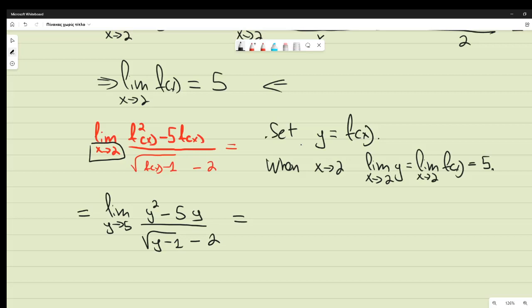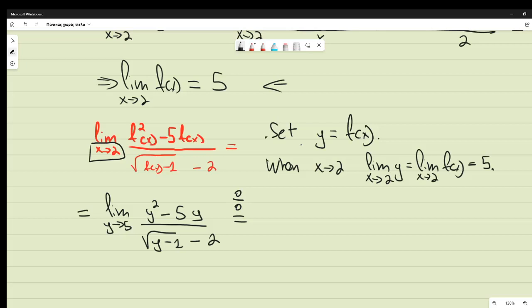As we see here, if we do the replacement of y equals 5 in order to solve this limit, the denominator will be 0, and the numerator will be 25 minus 5 multiplied by 5. 25 minus 25 will be 0, so this is a limit in an indeterminate form of 0 over 0. This is a problem and we have to solve it.